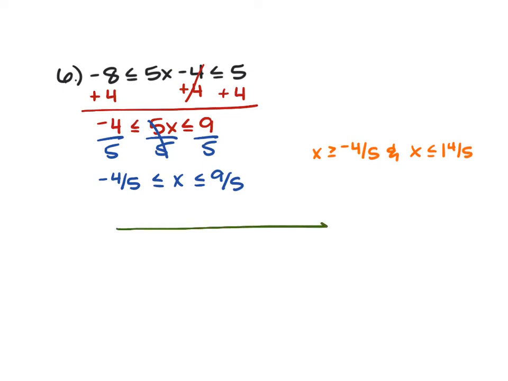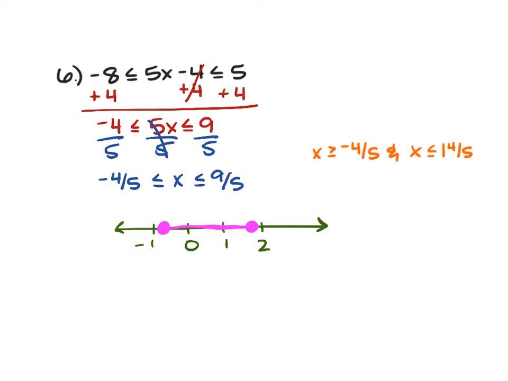So on our number line, we're going to have a closed circle on -4/5, which is going to be about here. We also have a closed circle on 1 4/5, which is about here.